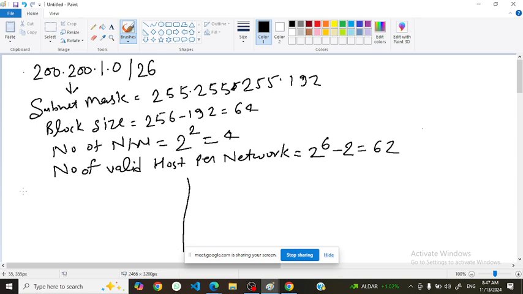So it's 200.200.1.0. In this /26, the value falls in which octet? Fourth octet.